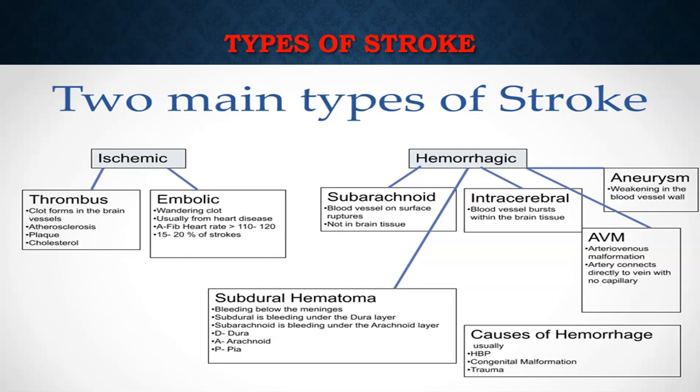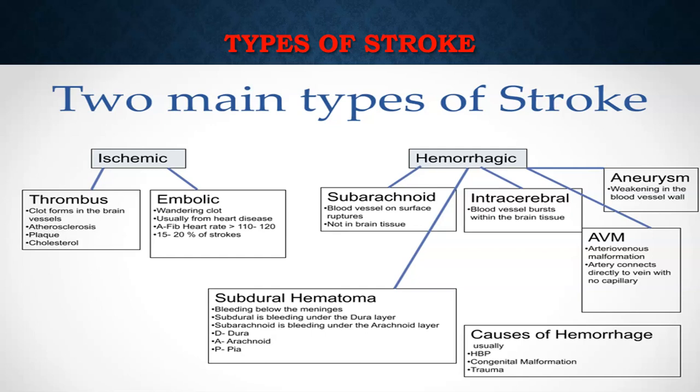Subdural hematoma is bleeding below the dura. The structure of the brain has the dura mater, that's the top, and then the arachnoid, then the pia mater. So a subdural hematoma will happen with bleeding between one of the surface layers, such as the dura layer.